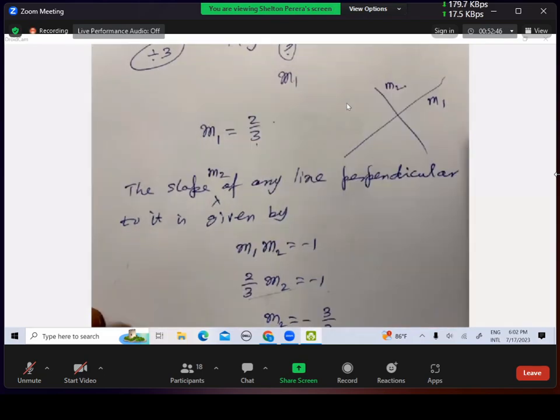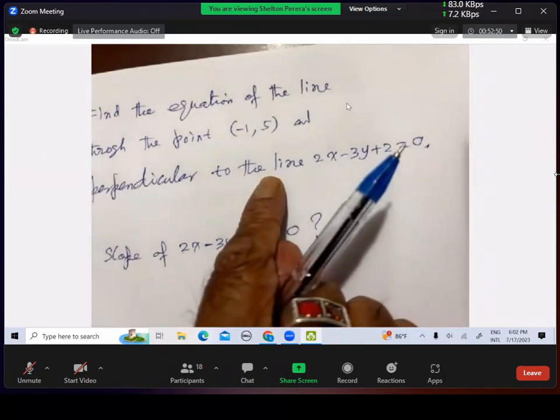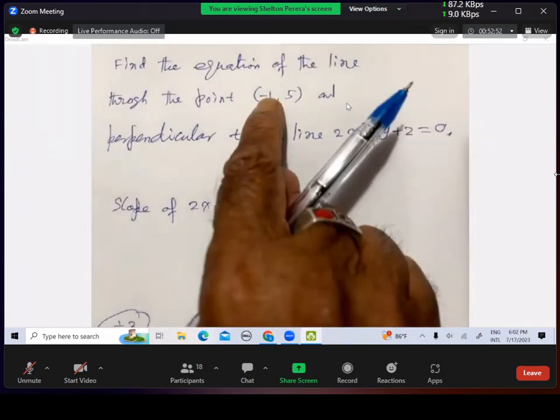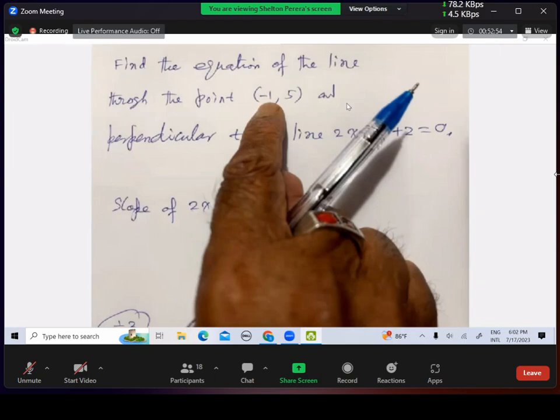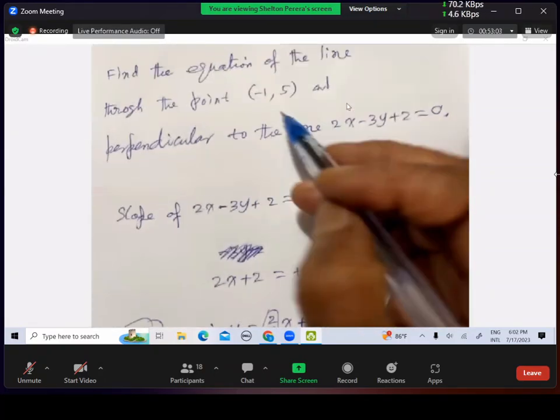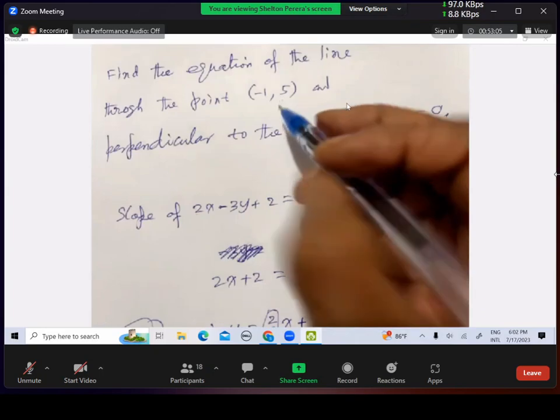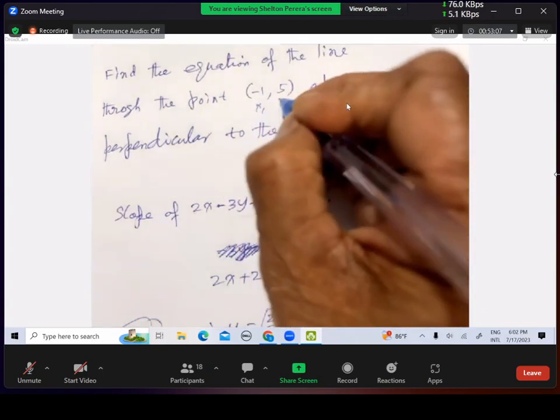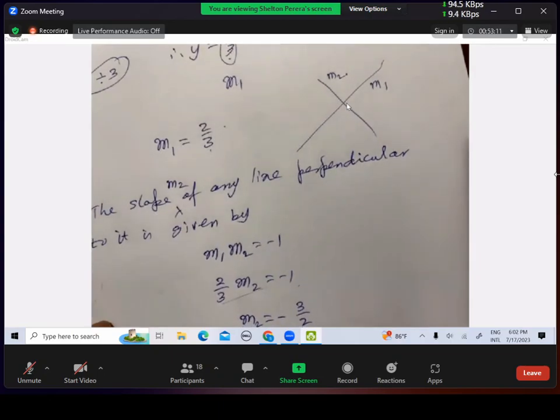So the required equation is the line perpendicular to this. We know the slope now, and it goes through this point. So the required answer is y minus y1, with x1, y1 being (-1, 5): y minus 5 equals m2, which is minus 3 over 2, times x minus x1, which is -1.